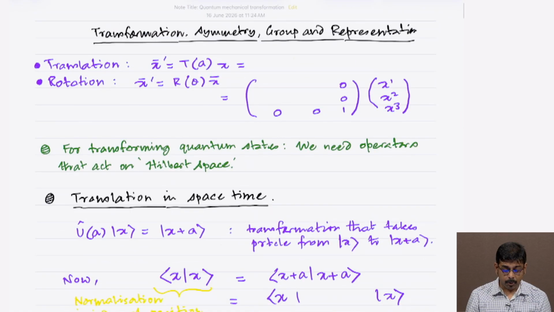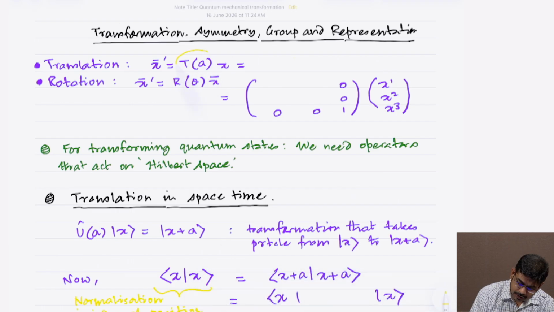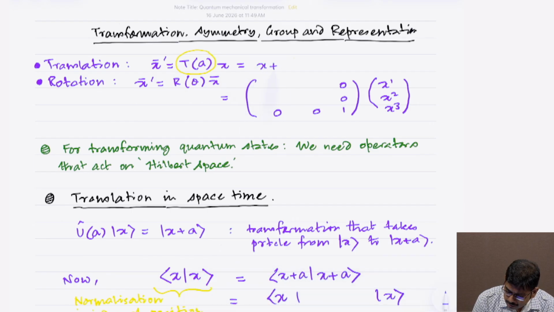The first point we collect is the following. Suppose we are talking about the translation operator, which we denote T_a, acting on the space-time point x. What does it do? It translates your position coordinate from x to x plus a, correct?